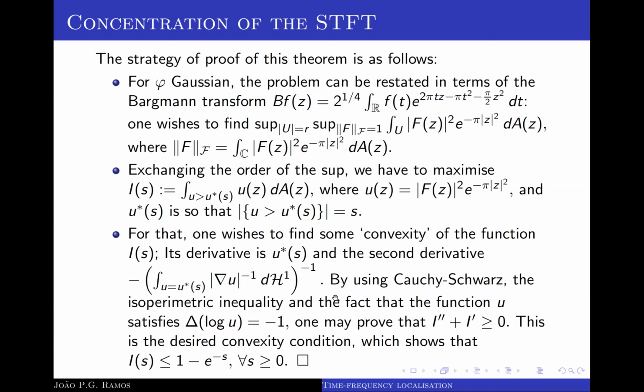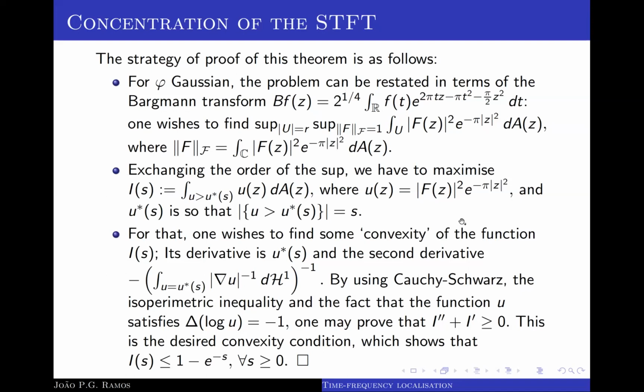By using Cauchy-Schwarz, the isoperimetric inequality, and the crucial fact that the Laplacian of log of u is minus 1, one can prove, and I'm going to show you very soon how, in a different context, that I double prime plus I prime is greater than or equal to 0. If you play around with this one-dimensional convexity a little bit, you can conclude that this function I of s has to be at most 1 minus e to the minus s for any s greater than or equal to 0.